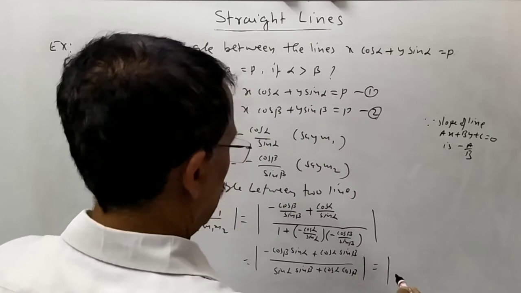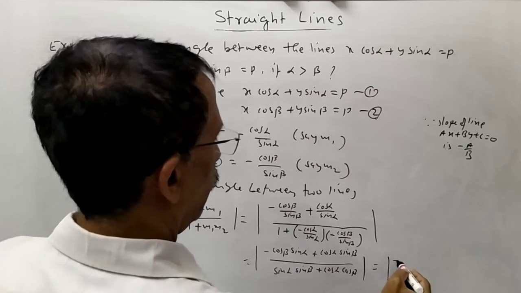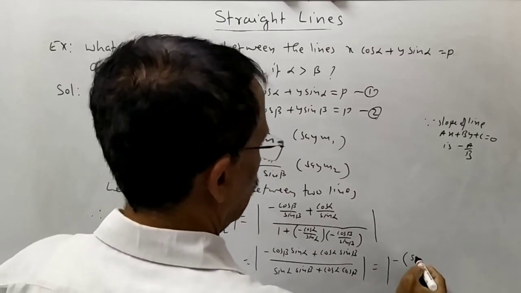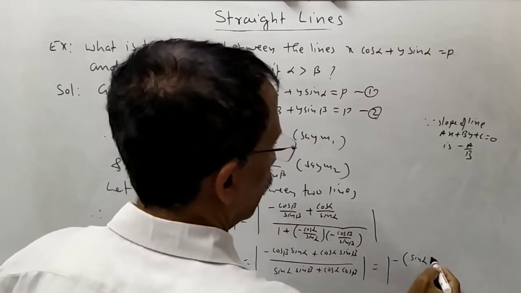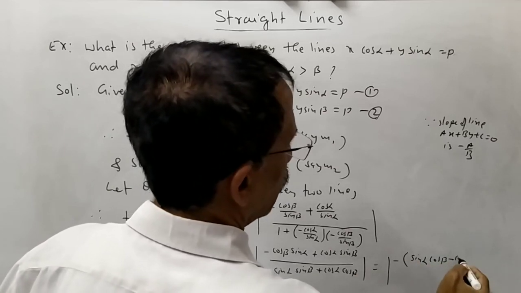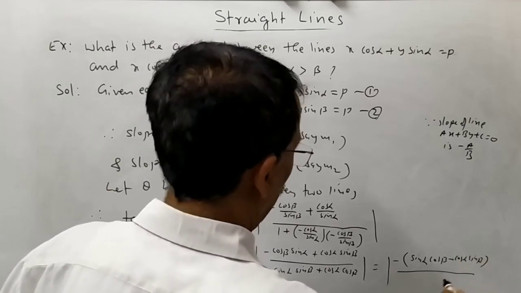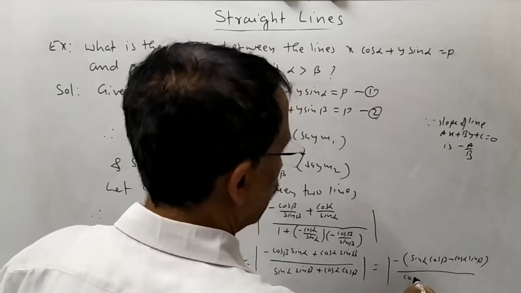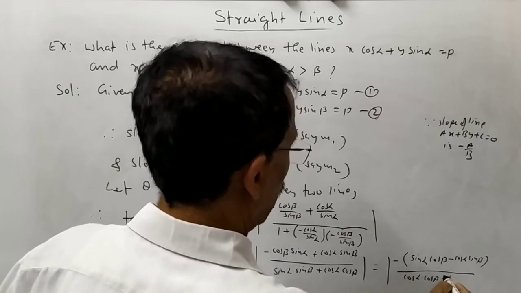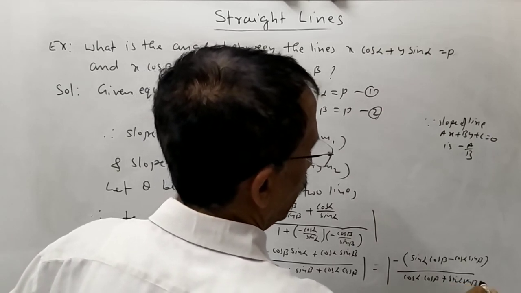This can be written as absolute value of, by taking minus sign common in the numerator, minus sin alpha cos beta minus cos alpha sin beta, whole divided by cos alpha cos beta plus sin alpha sin beta.